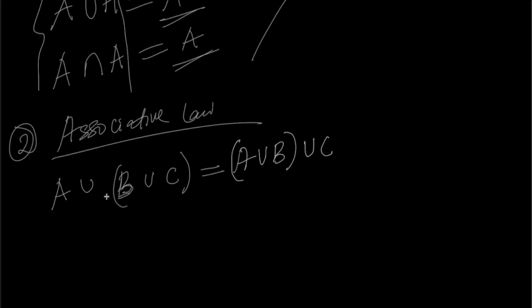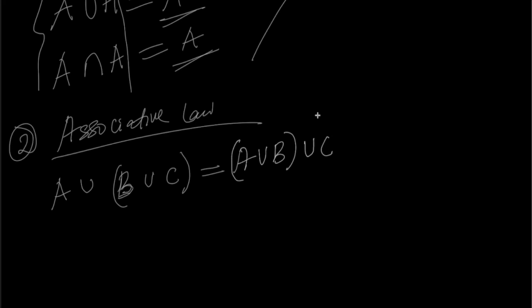It's just like rearrangement. If you perform the union first between B and C, before you use the result to perform the union on A, you can still have the same result if you start with A and B first, then you use the result to do with C.